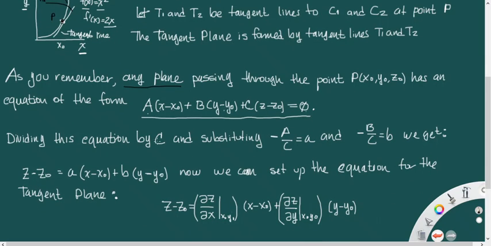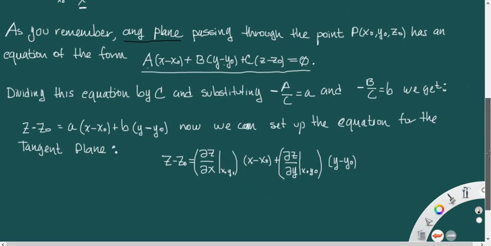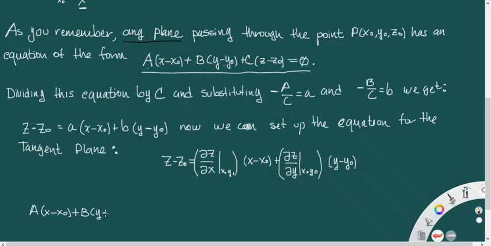First, let's work it out here. We have a times x minus x sub 0 plus b times y minus y sub 0 plus c times z minus z sub 0 equals 0. Okay. The operation that we are going to perform is that we need to simplify this equation because this part over here is the dependent variable.